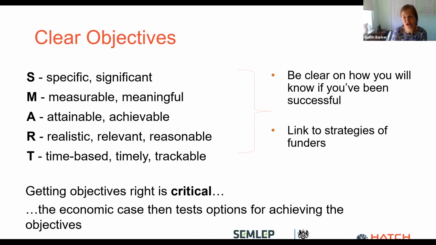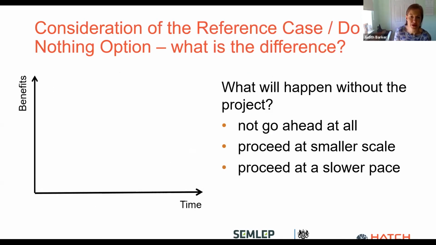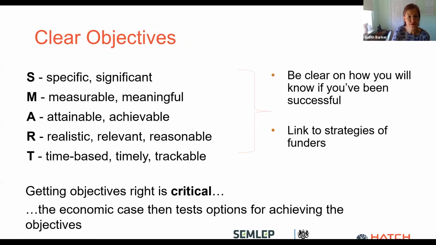So I think making sure that what your problem is, and as I said at the beginning in the strategic case, what is the theory of change? What is the problem you're trying to solve? And what are your objectives in solving it? So that is really important.